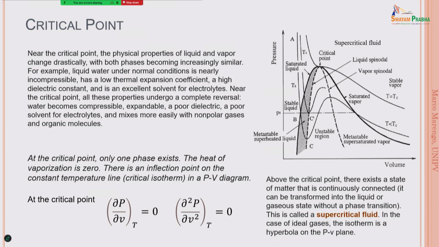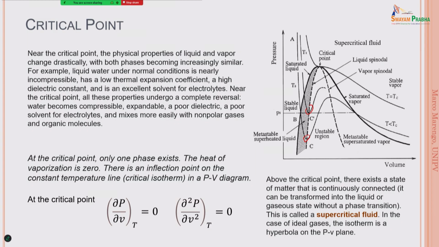More interesting is what is happening at the critical point. As we saw before, if you are considering an isothermal process, what is happening? If you are considering the van der Waals curve, we have a minimum. So we have a point of minimum.